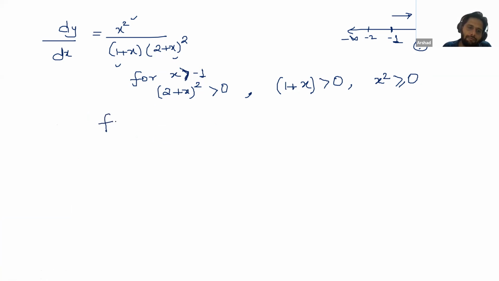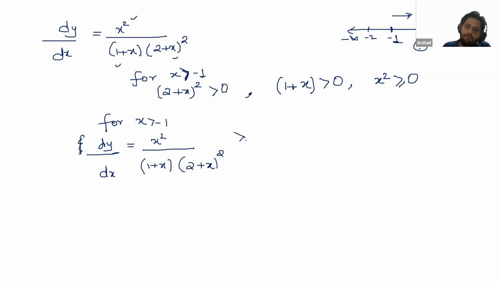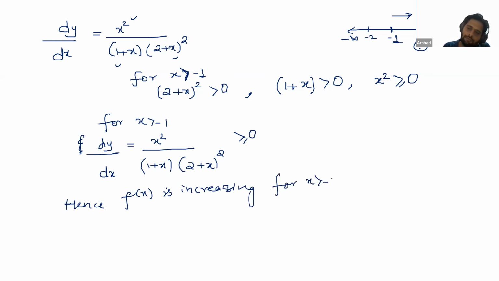So we can say for x greater than -1, dy by dx is equal to x squared by (1 plus x) times (2 plus x) whole square, greater than or equal to 0. Hence f(x) is increasing for x greater than -1. This is Fahad and Abdul.